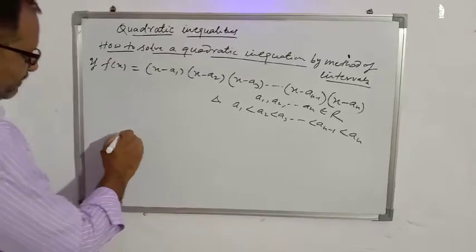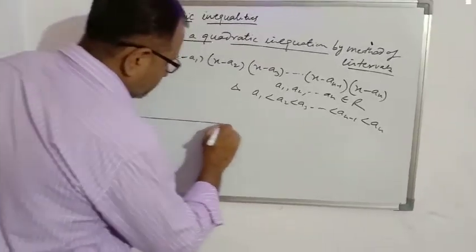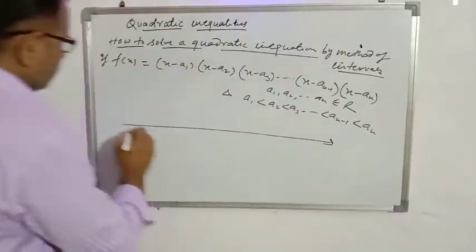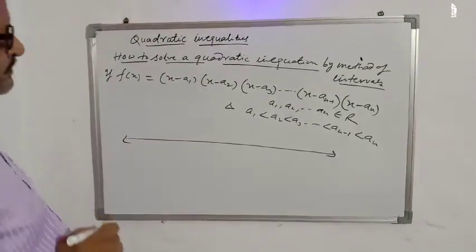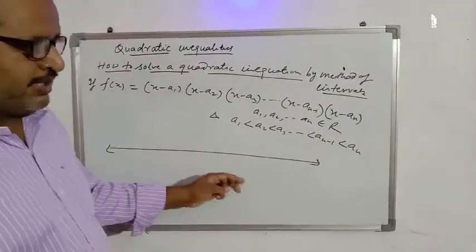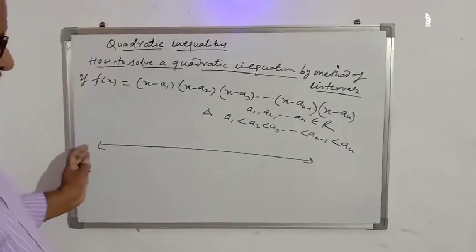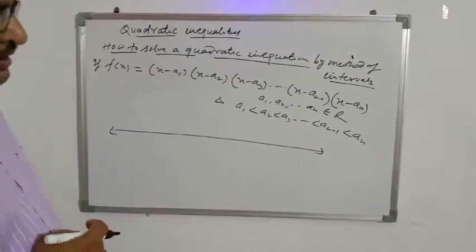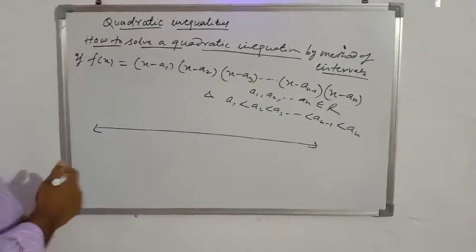So we will draw a number line, and we know that on the real number line, smaller number is written left side, larger number is written right side.